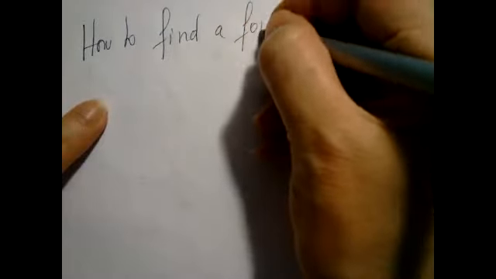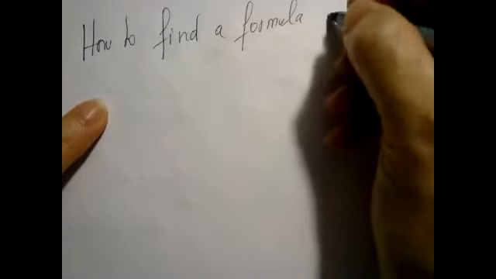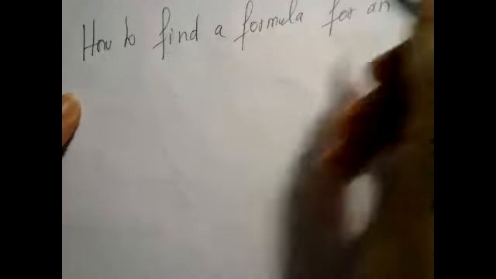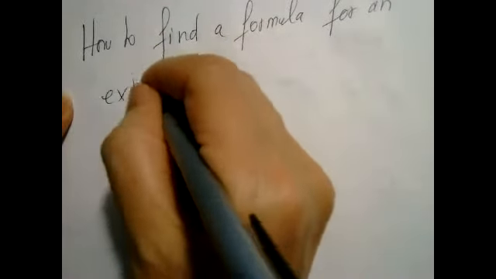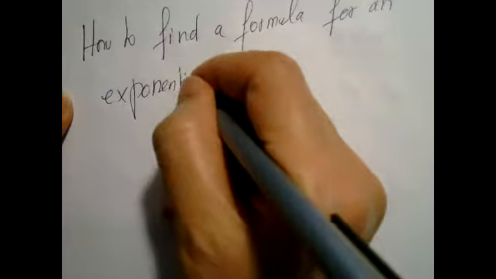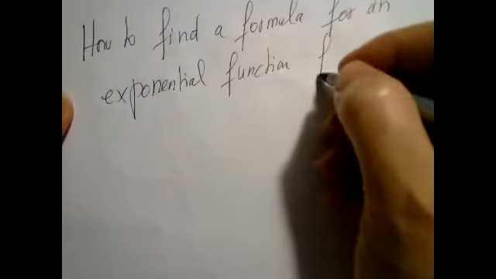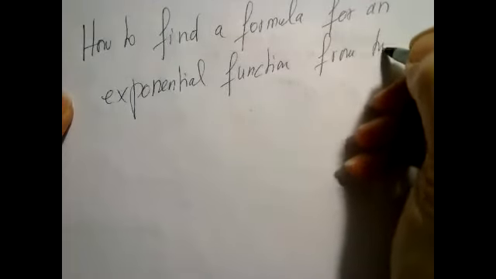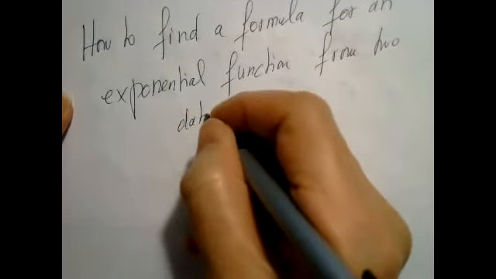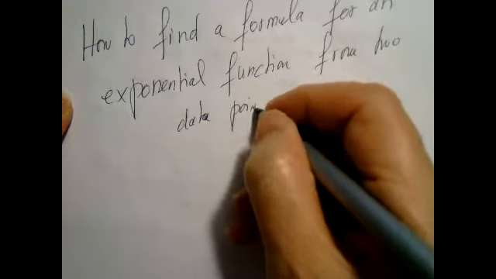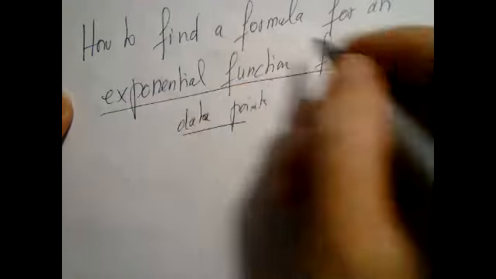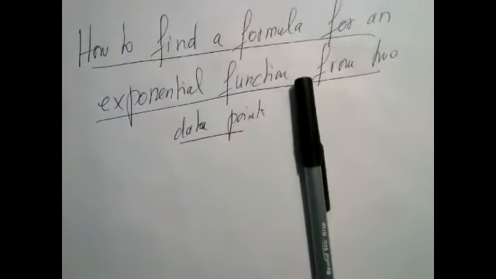How to find a formula, a rule for an exponential function from 2 data points. If I give you 2 points, how to find it?